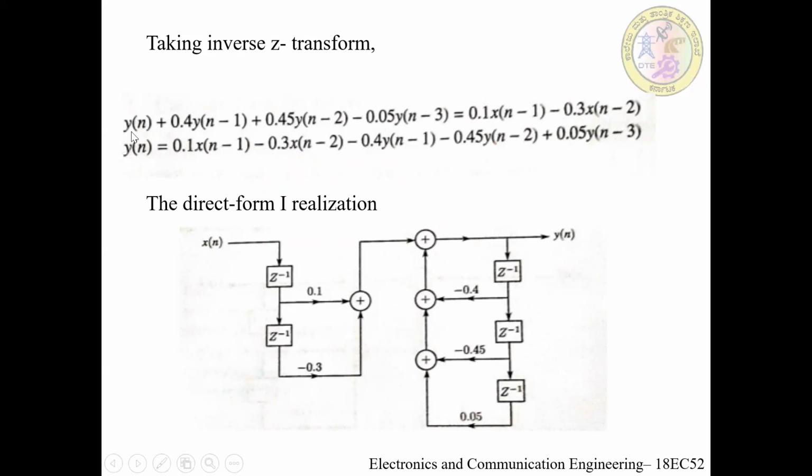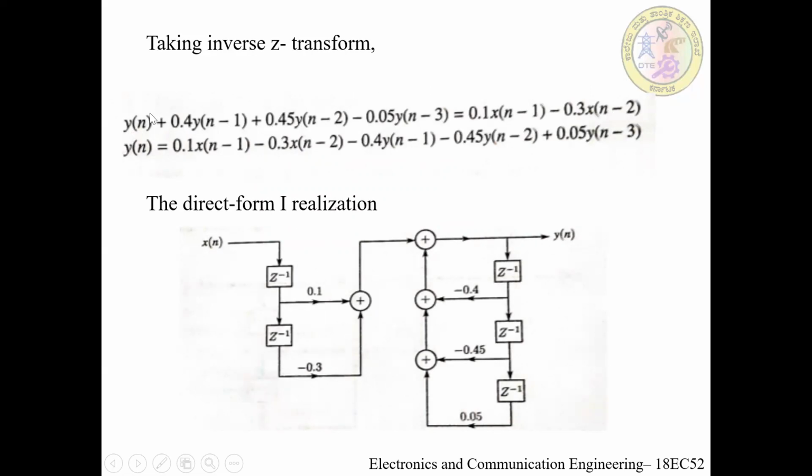What we obtain is y of n plus 0.4 into y of n minus 1 plus 0.45 y of n minus 2 minus 0.05 y of n minus 3, which is equal to 0.1 x of n minus 1 minus 0.3 x of n minus 2.